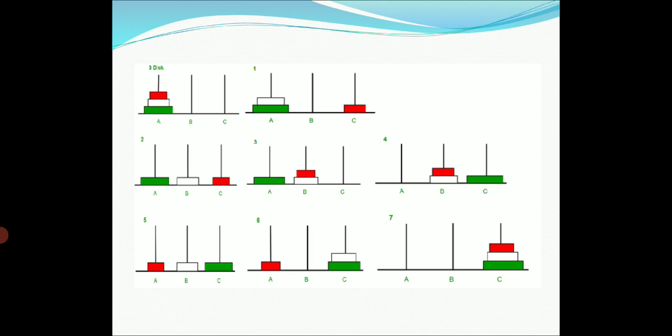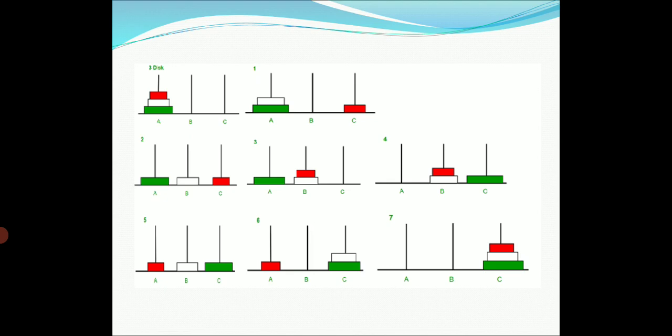Then in the next picture, we can move a disk from A to C. Then the next picture, the fifth one, the first B disk is moved from B to A. Then the sixth picture, B is moved to C. Then in the last picture, A is moved to C.